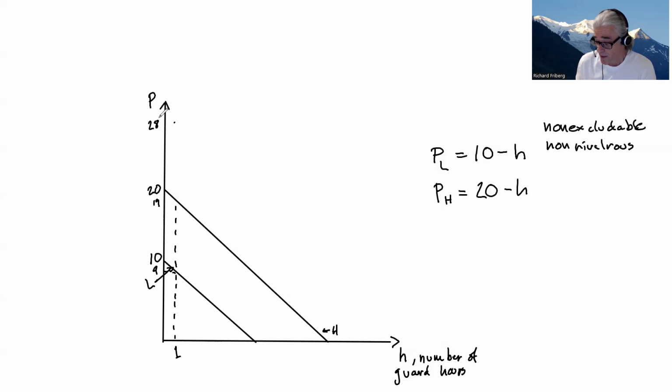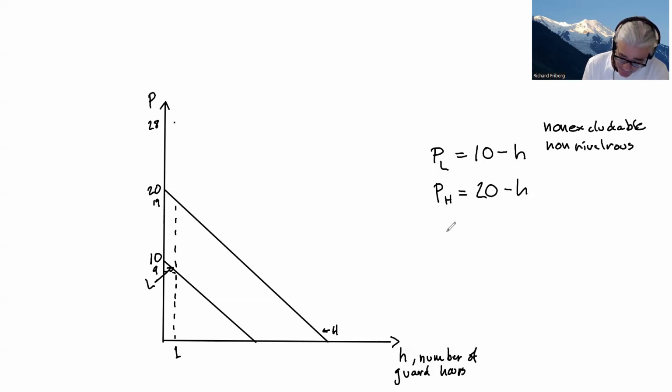So we can do this throughout. We say that the market demand, the combined willingness to pay for these individuals, is going to be given by the vertical sum of their willingness to pay. Okay, so let's switch colors. Let's do that in red.